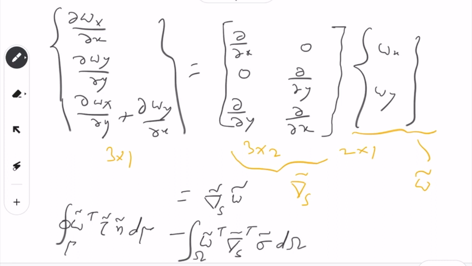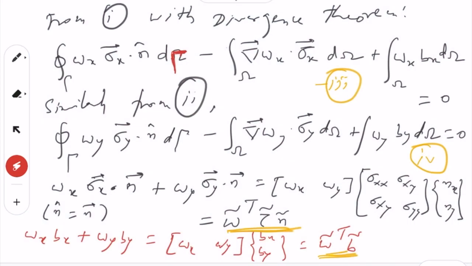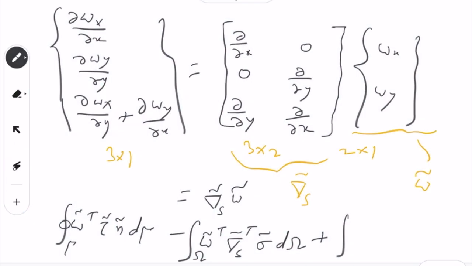So this is this, then plus, and then we have the third one. The third one is this, w transpose b, d omega over omega, and this is equal to 0.